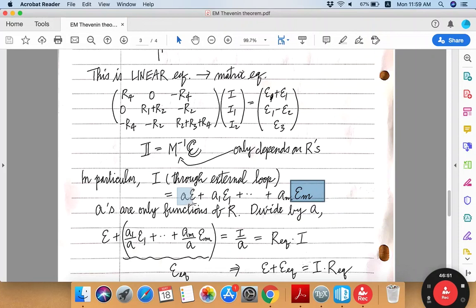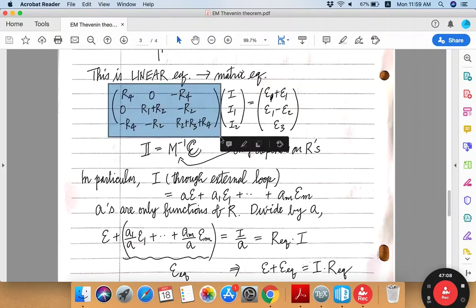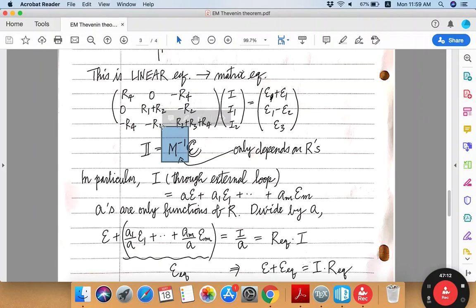And I'm going to have to introduce some coefficients, A1, and whatever. But these coefficients are the elements of this inverse matrix element. But since the original matrix element consisted entirely of the resistance values, its inverse matrix also consists entirely of the resistance values.